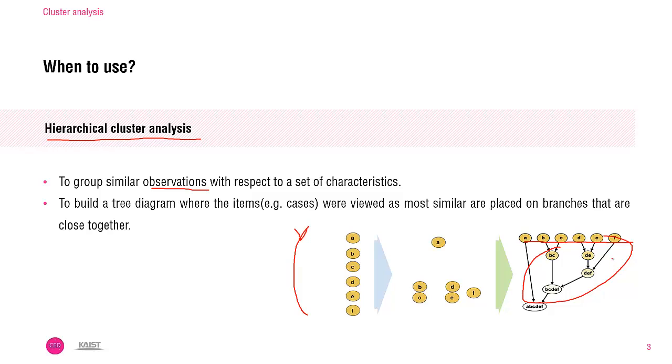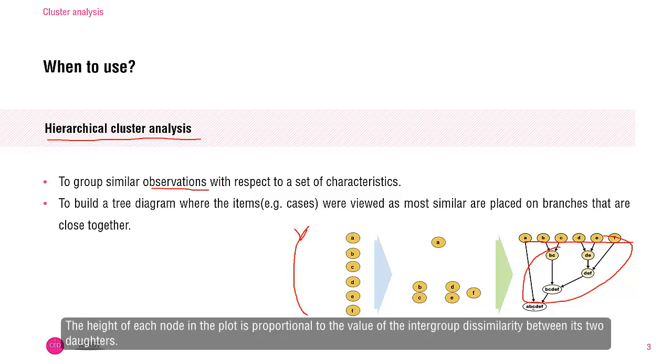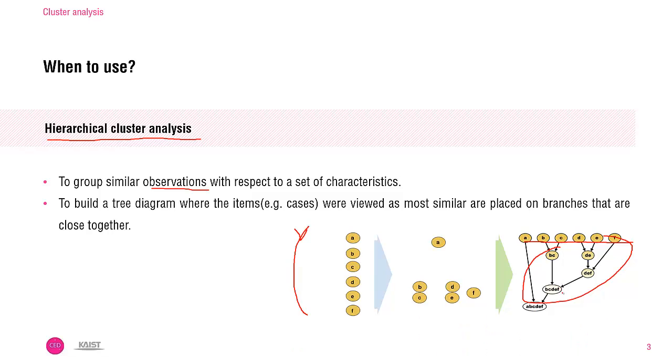The distance between merged clusters increases with the level of the merger. The height of each node in the plot is proportional to the value of the intergroup dissimilarity between its two daughters. The top nodes representing individual observations are all plotted at 0 height, so the height increases toward this direction.